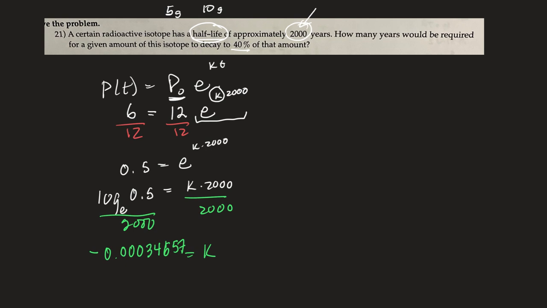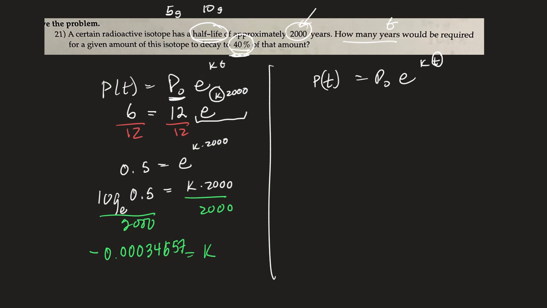Now I can use that information to help me with the question. It says how many years, so I'm looking for t, would be required for that given amount of isotope to decay to 40% of that amount? So again, I'm going to use this formula, e to the kt. This time I'm looking for t, but they say I'm decaying to 40% of something.